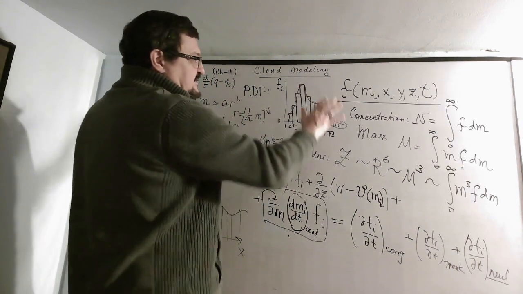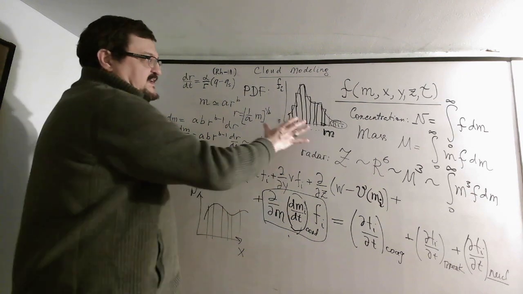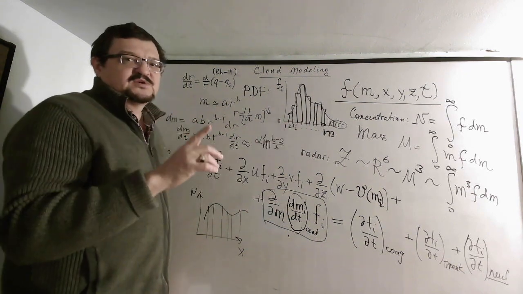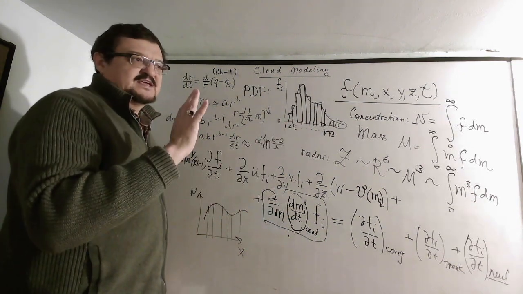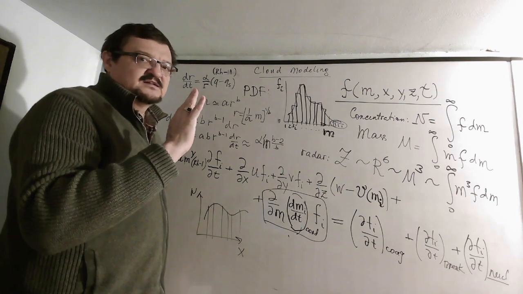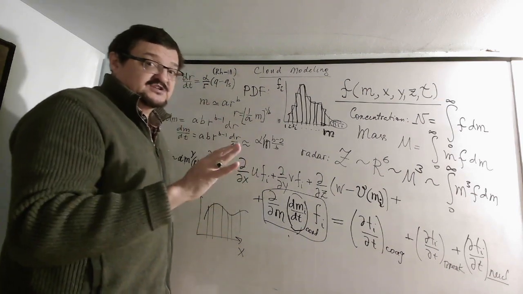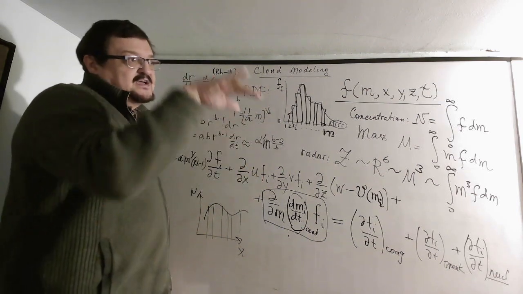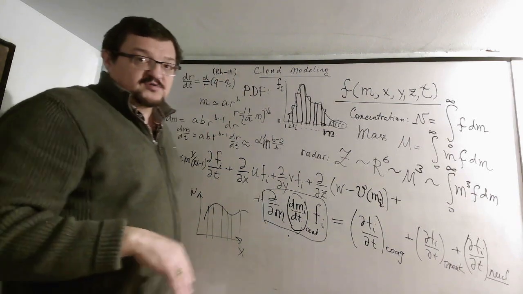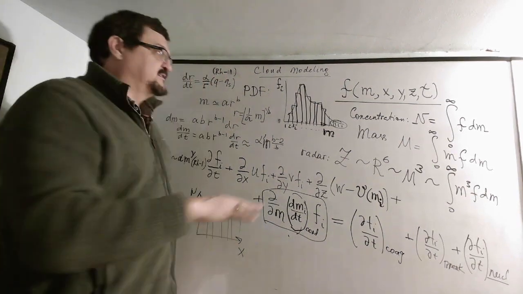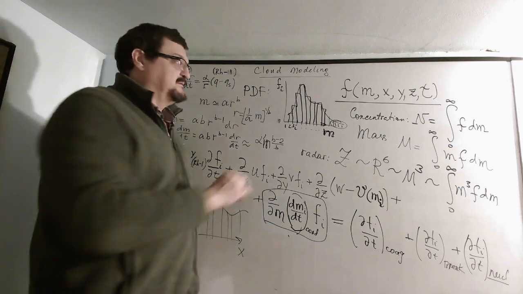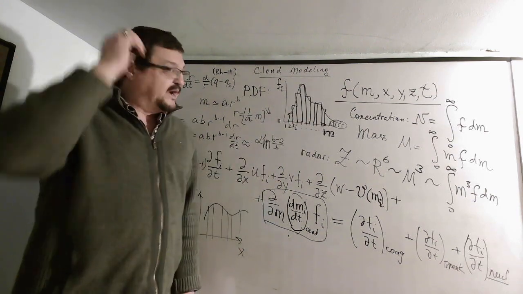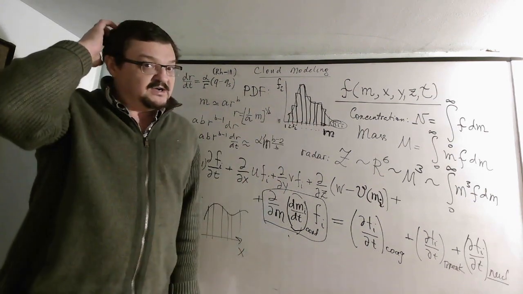So bin microphysics, I would say, is great for liquid water clouds, and those clouds are generally low-level clouds. All tall clouds always contain ice in them. So this method is really well developed only for warm clouds.